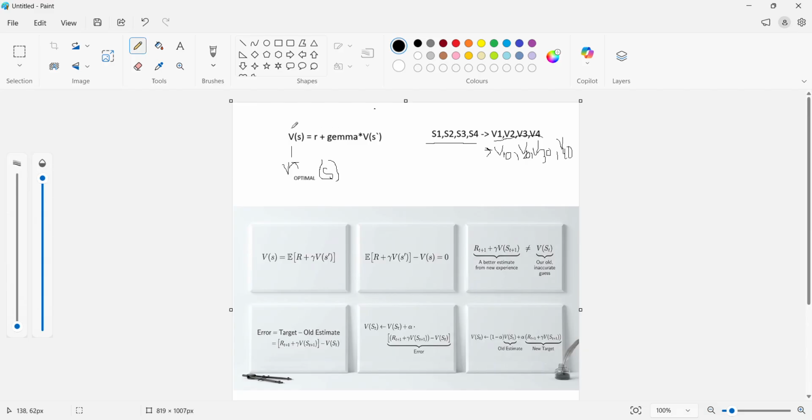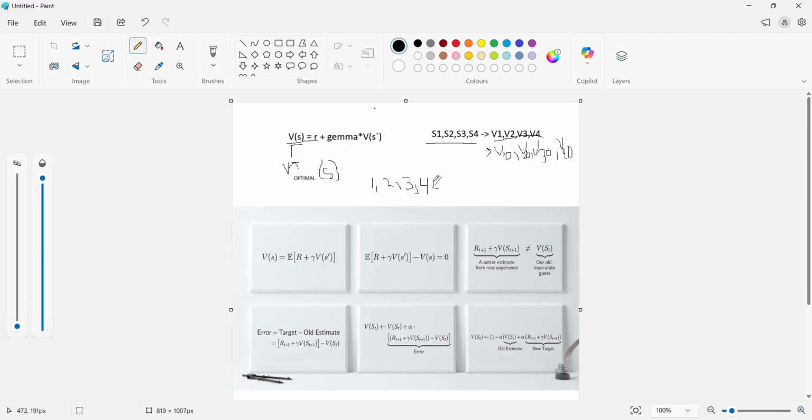But how do I move to a better estimate of the V value for a state? If I am randomly initializing, I might start with a value that is 1. With the passage of time, I need to improve the value of this state. I need to find a better value for this state. So with the passage of time and after so much training, we would be able to reach a value which is its value under the most optimal policy.